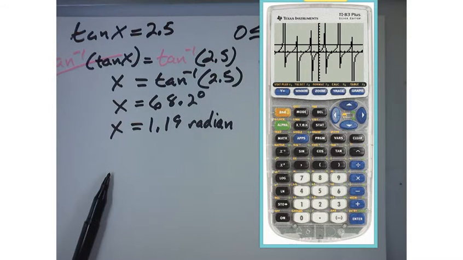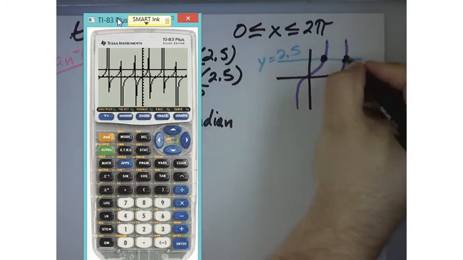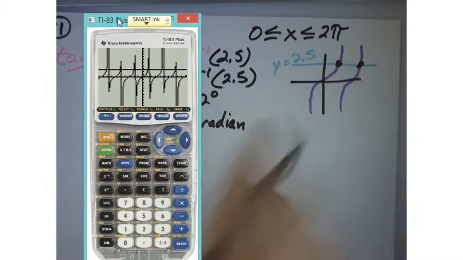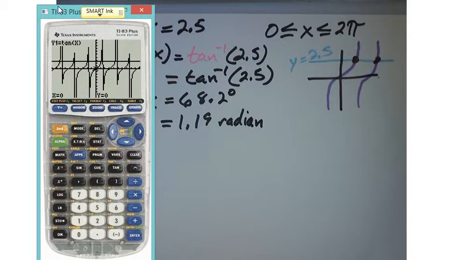So I'm going to move the calculator over here. We're looking for these two intersections because remember x is from 0 to 2 pi. So we're going to see how many answers we have between x equals 0 to 2 pi. If I hit trace, we know that the first answer is 1.19.